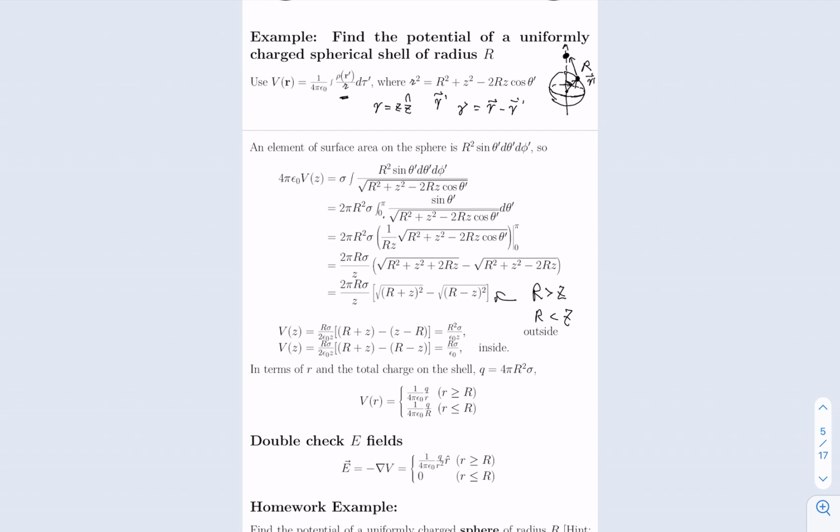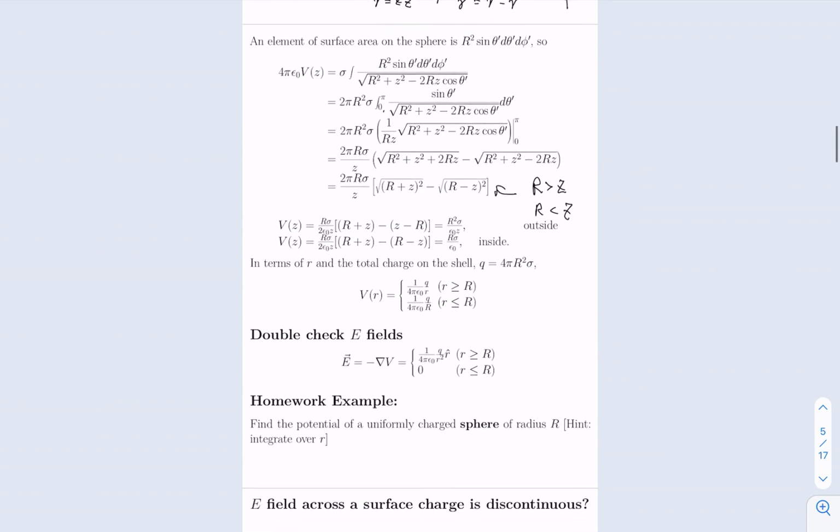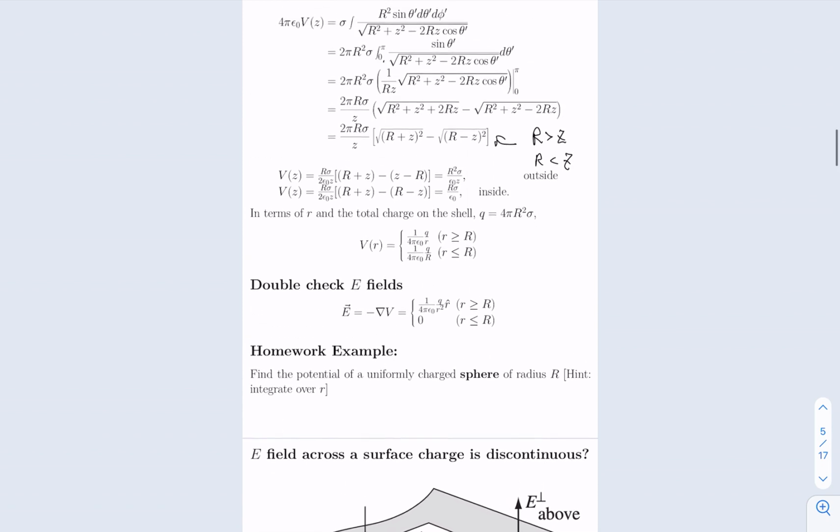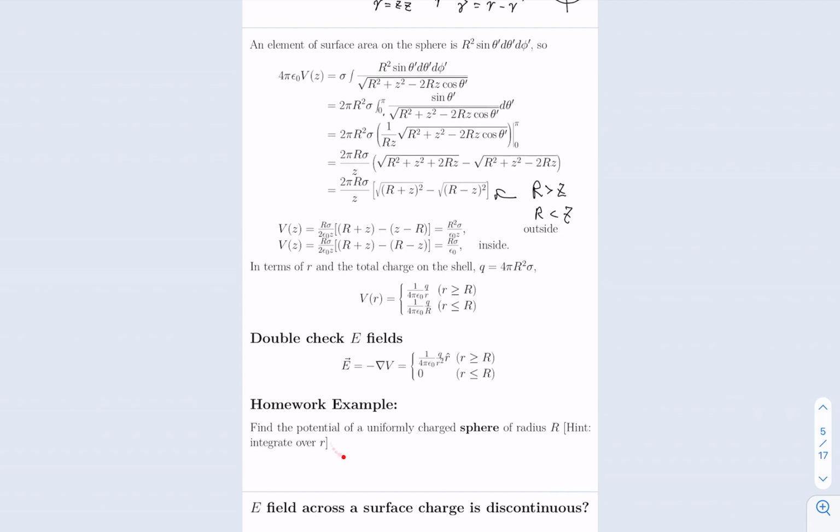When we calculate the V, we actually take a detour and go through a lot of math that I'm not interested in showing you. But why do we calculate the potential and the electric field this way? You might learn from the homework that not all problems can be solved using the Gaussian surface and the integral form of Gauss's law.